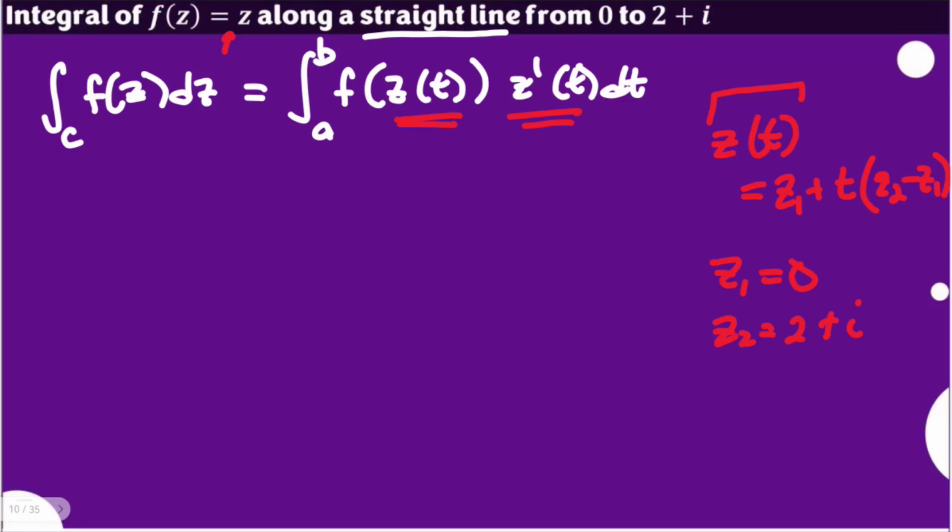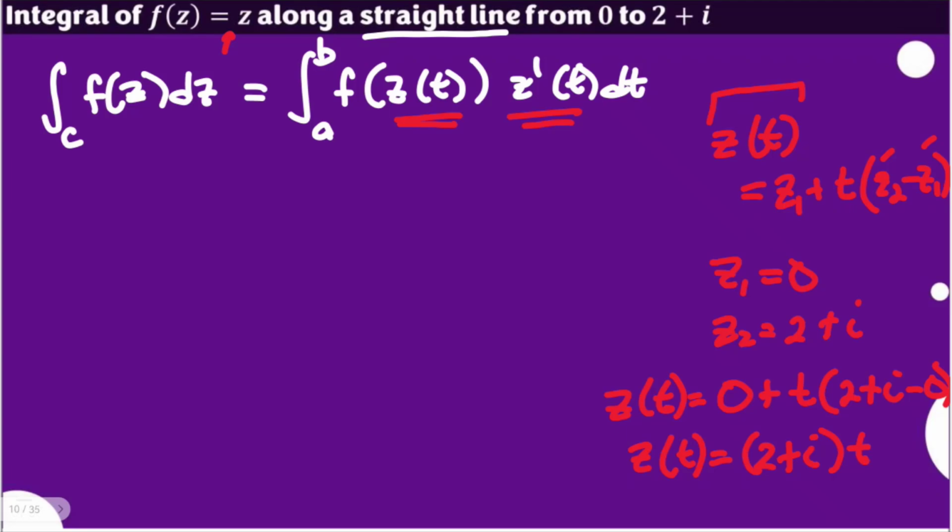We have z of t is z sub 1, 0, plus t times 2 plus i minus 0. That's z sub 2 minus z sub 1, which gives us the result 2 plus i times t. This is our z of t.